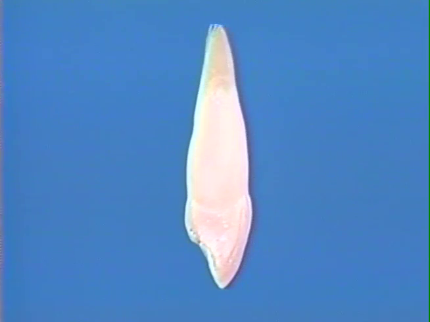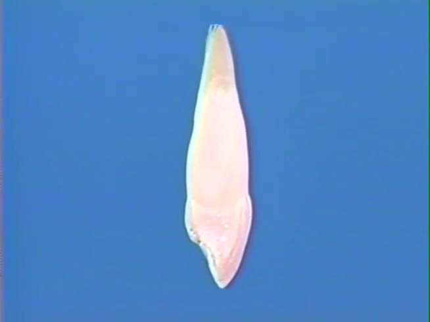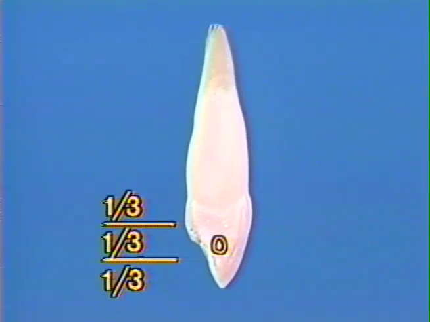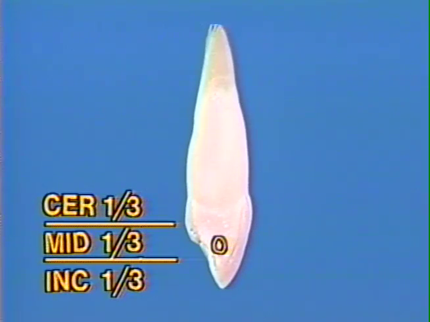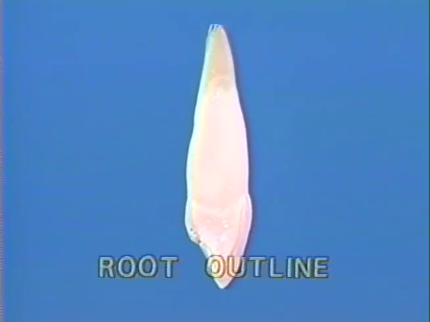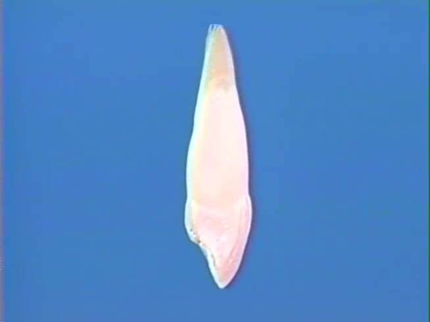A slight concavity is usually present in the cervical half of the crown. Contact area. The contact area is more circular than on the mesial and is located more cervically in the middle third. Root outline. The root outline appears to be the same as that observed from the mesial aspect.